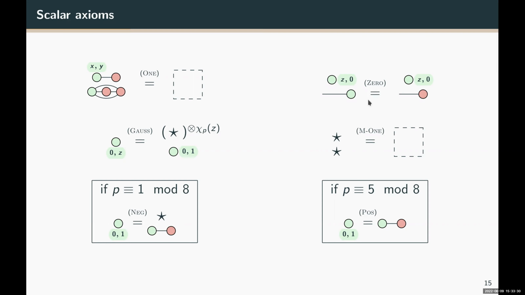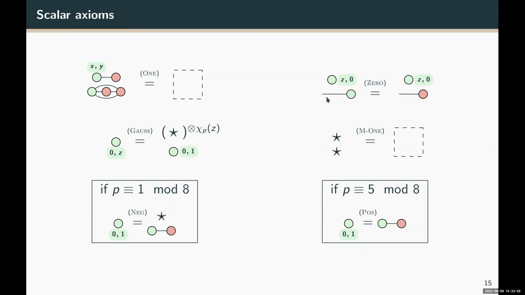We have a rule for the diagrams which interpret as 0. These Z0 diagrams are essentially the Z eigenvector of Z acting in a product with the 0 eigenvector of Z, therefore it's just a 0.